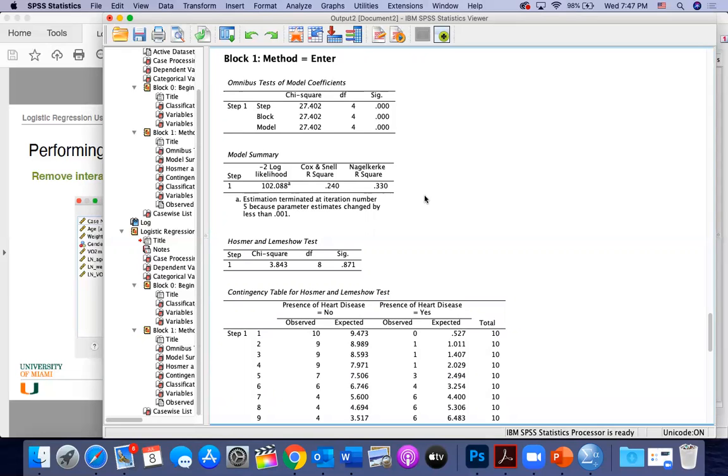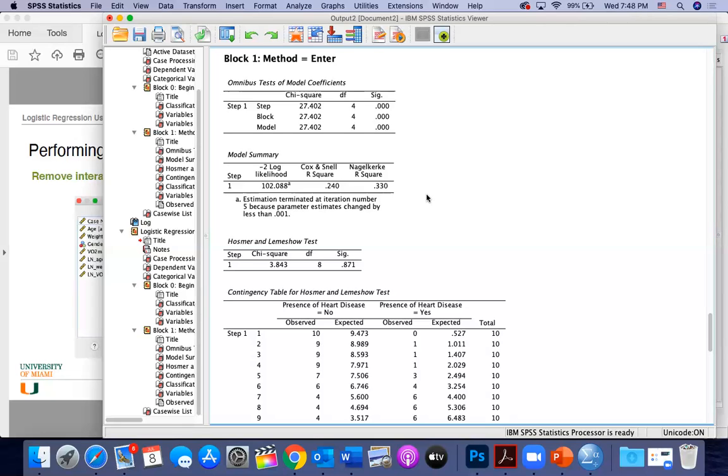These two are sometimes referred to as pseudo R-square values and will have lower values than in multiple linear regression. However, they are interpreted in the same manner, but with more caution, as I said.